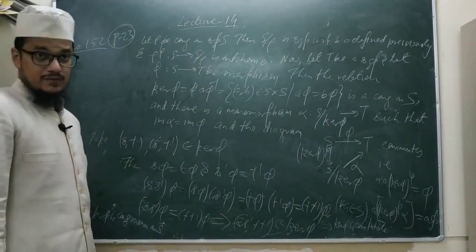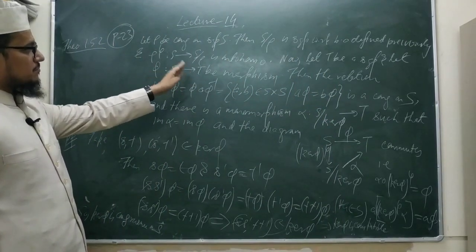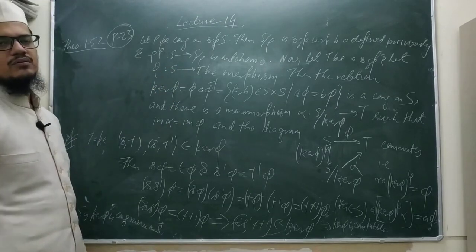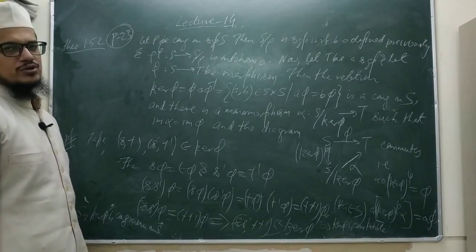Not always. The situation should be like this: φ from S to T is a morphism, then kernel φ is a congruence on a semigroup S. Otherwise, in general, we can say that kernel φ is an equivalence relation.